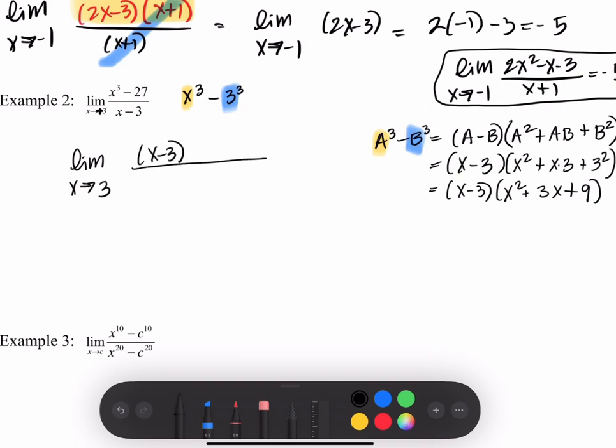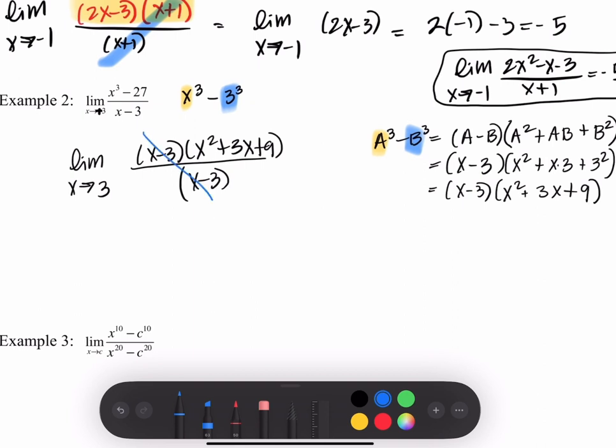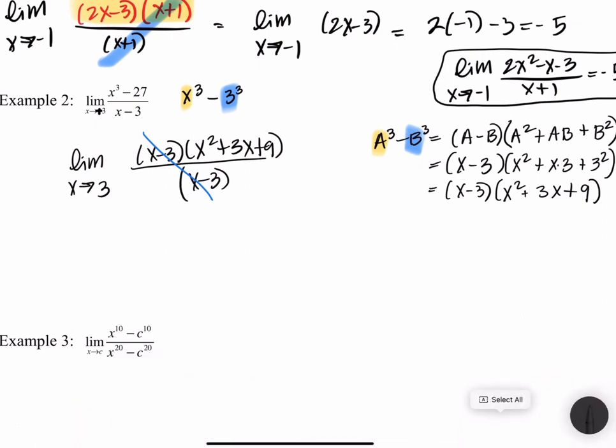This is the equivalent factored form of x cubed minus 27. Okay, great. Now, what is the same on the top and the bottom? x minus 3. So these factor out, and I'm left trying to evaluate the limit as x approaches 3 of x squared plus 3x plus 9.